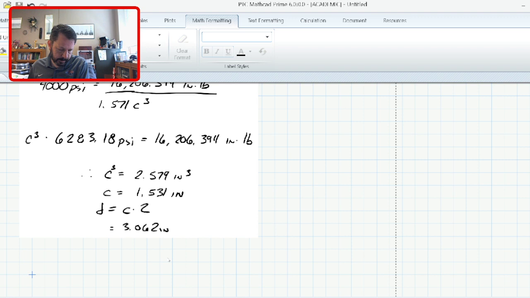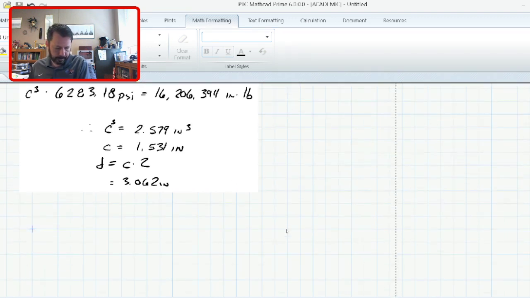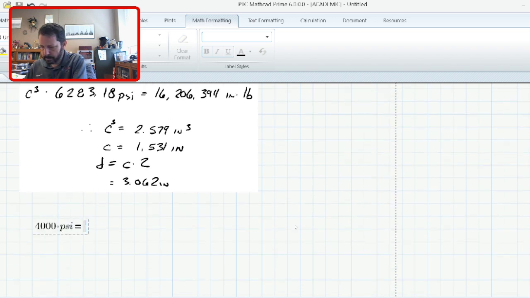All right, so let's see if we can get something out of this. 4,000 psi equals 16,206.394 inch-pounds.